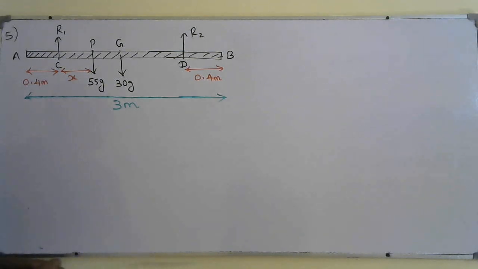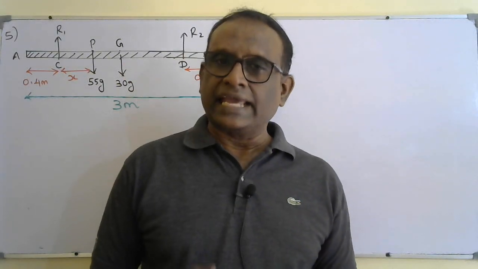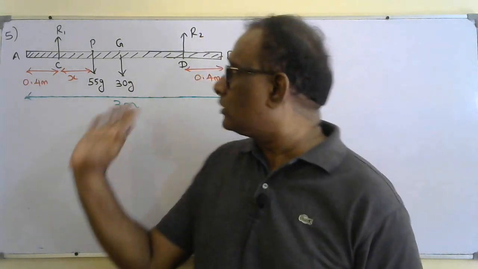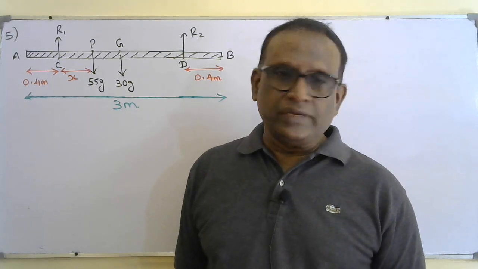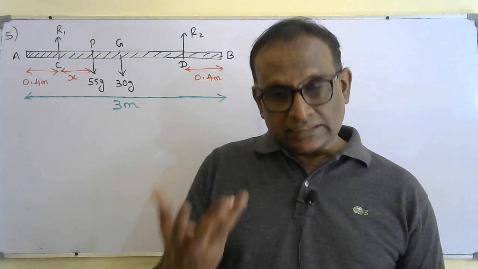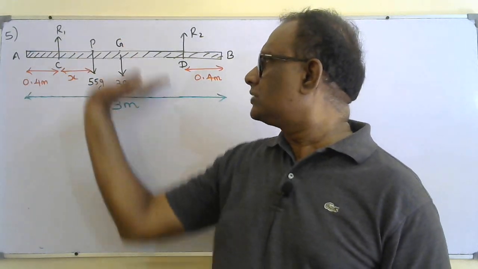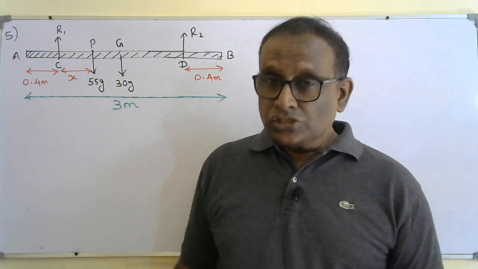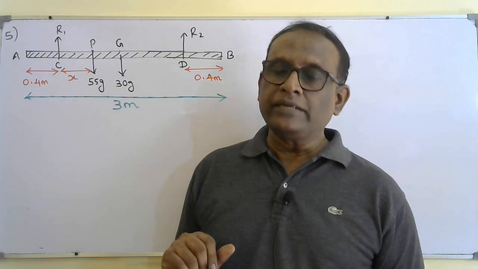Okay. Now, I told that the system is in equilibrium. Resultant force any direction must be 0. That is total upward. Here, there are no horizontal forces. So, we don't need to consider anything in horizontal direction. But when we consider vertically, the resultant force in vertical direction must be 0. Or total upward force equal total downward force. And also, turning effect, that is moment about any point must be equal to 0.